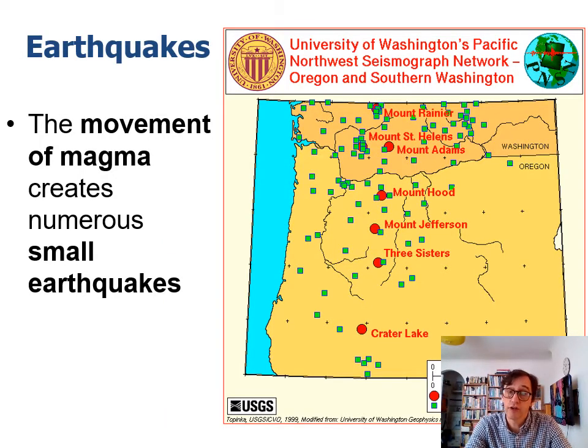Okay, earthquakes. So here in the northwest, in the red circles, are active volcanoes in the Cascade Mountains. For example, Three Sisters, Mount Jefferson, Mount Hood, Mount Adams, Mount St. Helens, Mount Rainier, so in Oregon and Washington states. All the green squares are seismograph stations.